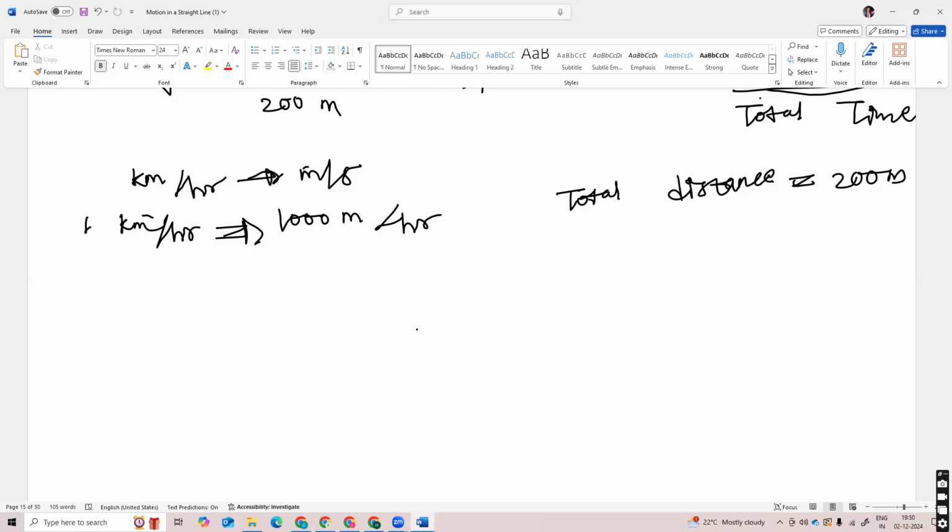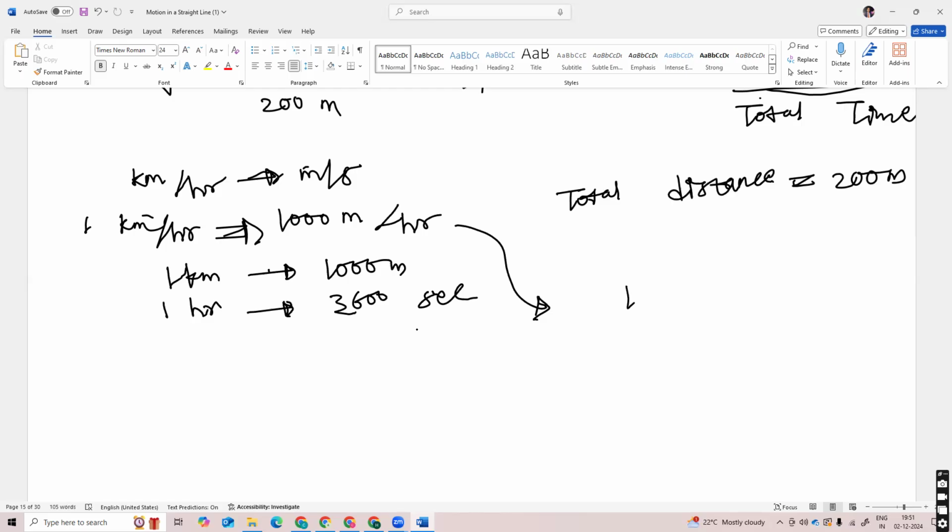Similarly, you know that 1 hour is 3600 seconds. So this 1000 meters per hour, you can write as 1000 meters per 3600 seconds.